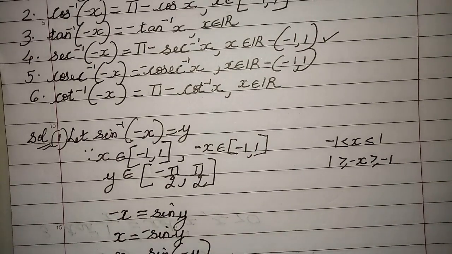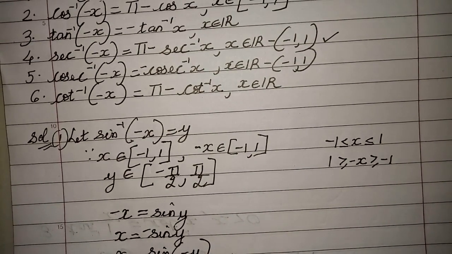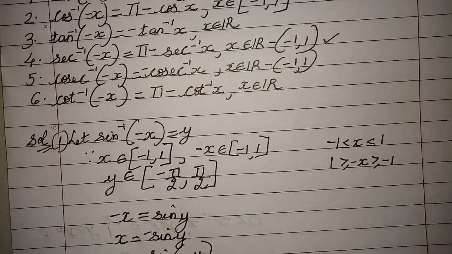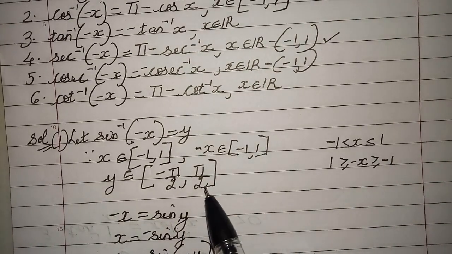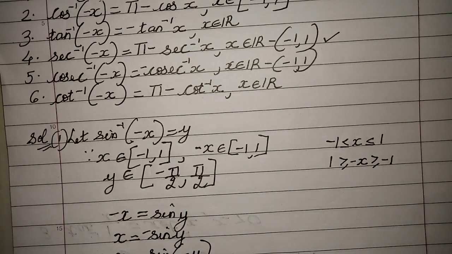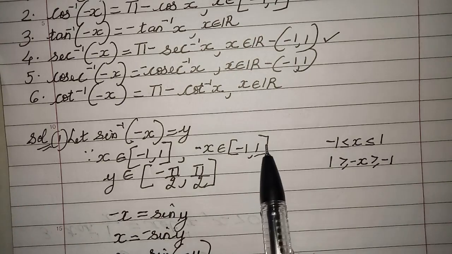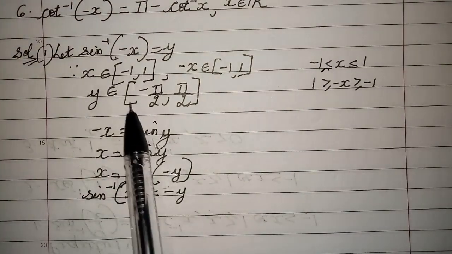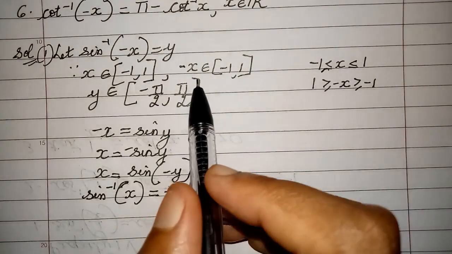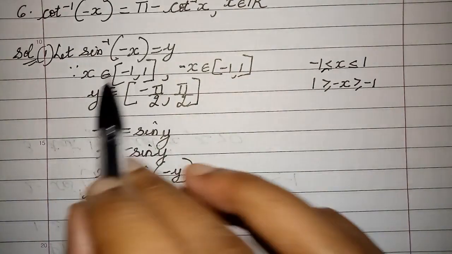So sine inverse of x is equal to minus y, because now y becomes my range and x becomes my domain. My domain is from minus 1 to 1 and my range is from minus pi by 2 to pi by 2. Once you guarantee this, you can move both sides here and there.